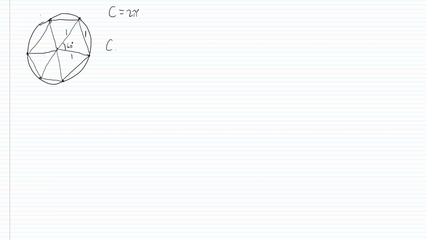So, for a 6-sided shape, the perimeter is going to be 6 times 1, which is 6. Now, this is approximately the circumference of our circle, which means that pi is approximately 3. But I think we can do better.